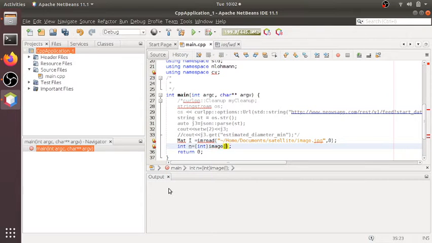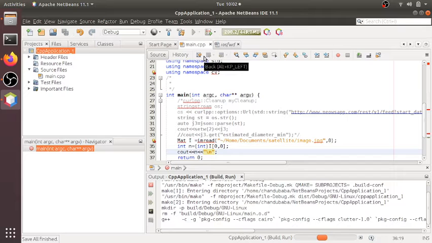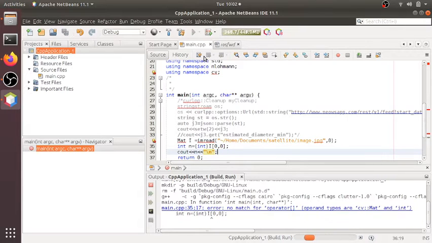Okay, yes, it's like this, 0, 0. Yes. So we'll do a cout and endl. Where is my cursor? Okay, so I'll run it. It's not the play button, it's the run button. I've been doing too much of music.